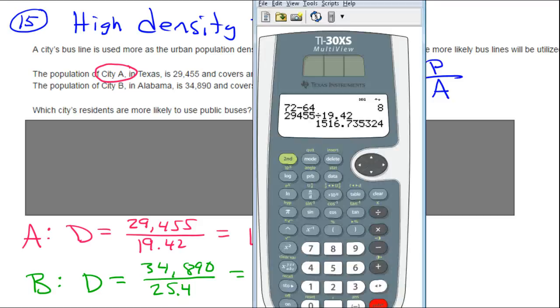Let's see what that gives. Okay, that's 1,374. Again, I'm rounding up. 1,374.